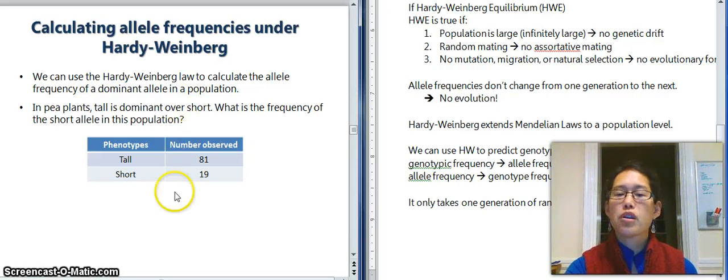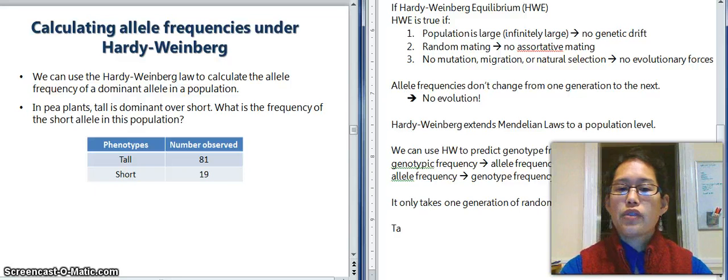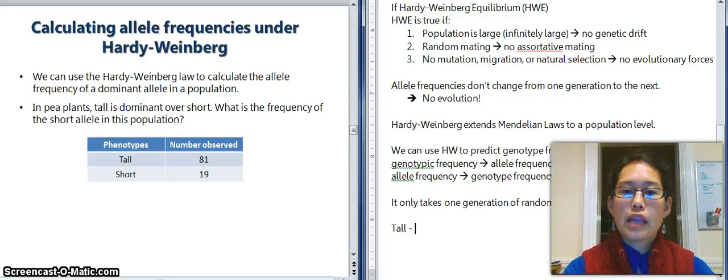We have a certain number of individuals that are tall and a certain number that are short, and we want to know what's the frequency of the short allele in this population. If we say we have big T and little t alleles, tall plants could be big T big T, or they could be big T, little t. Short plants could only be little t little t.